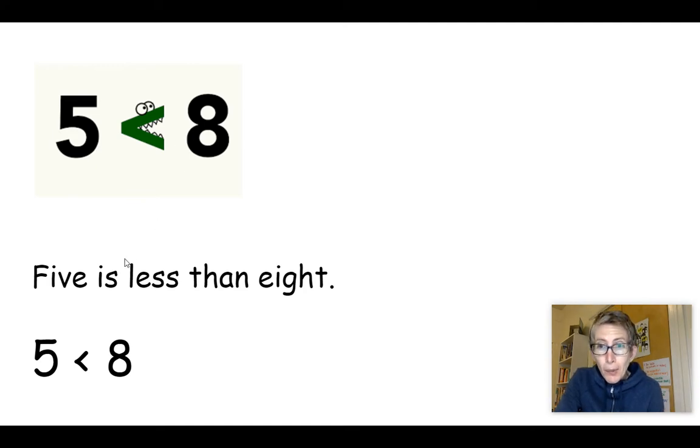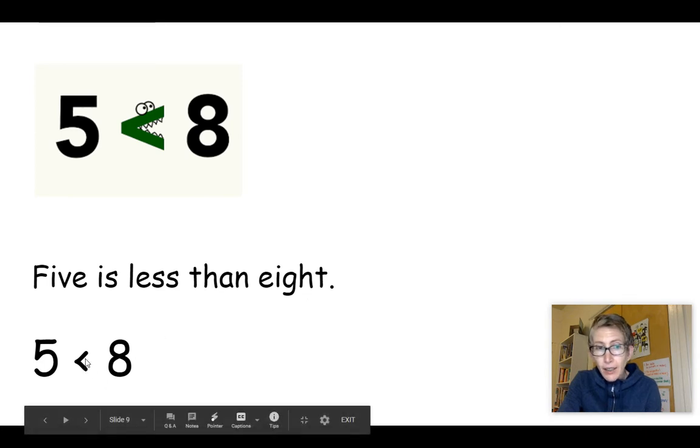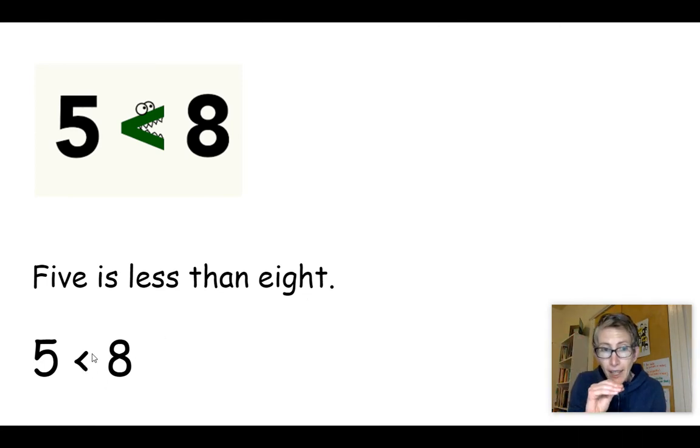So remember, the alligator is always trying to eat the bigger number. So he's eating the 8 because it's bigger. But listen to how we're going to read this number sentence. 5 is less than 8. And the little triangle is opening its mouth facing the number 8 because 8 is the bigger number.